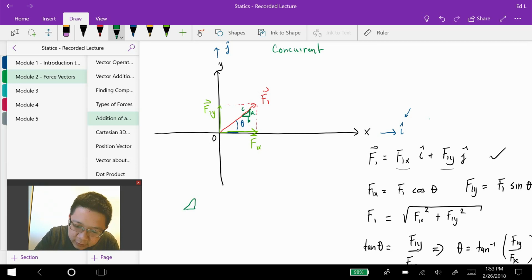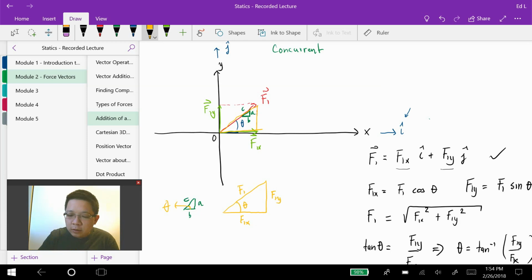Then when we consider another, larger triangle in here, the length here is F1, the length here is F1y, the length here is F1x, and note that this angle is theta. Similarly, this angle right here is also theta.